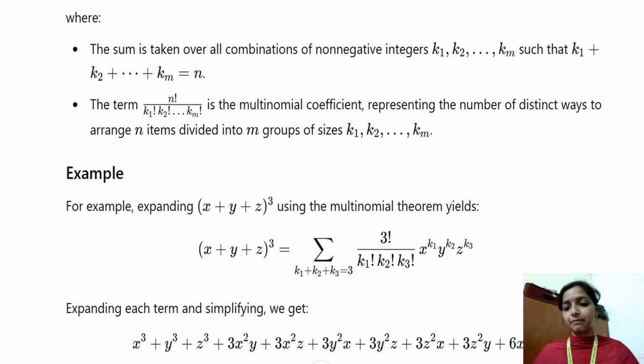Expanding each term and simplifying, we get the final solution: x cube plus y cube plus z cube plus 3x square y plus 3x square z plus 3y square x plus 3y square z plus 3z square x plus 3z square y plus 6xyz.